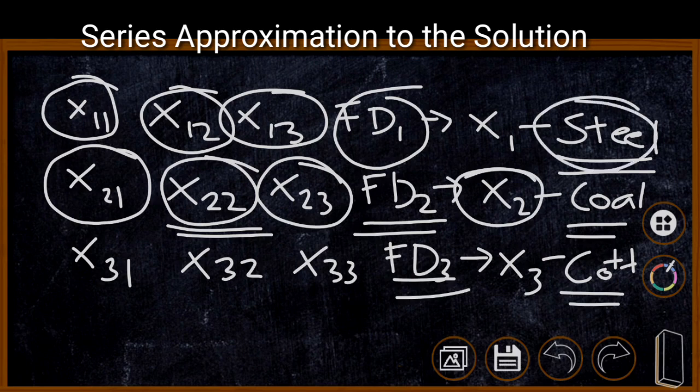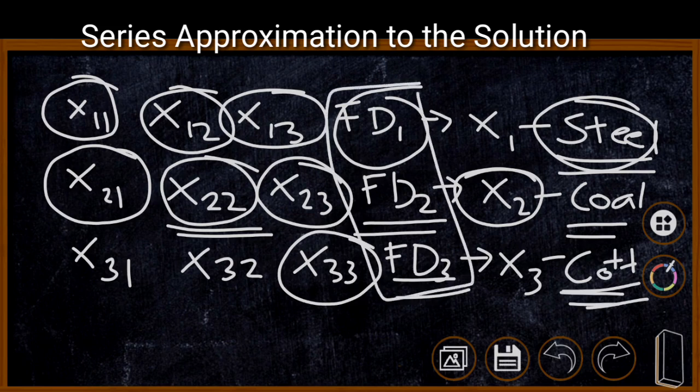Similarly, in order to produce x33, a particular level of output by the cotton industry, it requires a particular level of steel. Therefore, we need to consider the steel components in all final demand, plus the steel component in all other input requirements. Therefore it moves like a series.